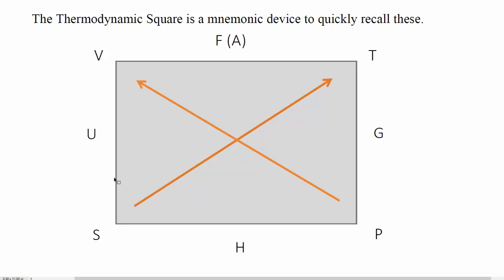It's a natural function of volume and entropy, but the coefficient of the volume will be minus P because it's down here, the arrow is pointing away from it, and the coefficient of dS will be positive T. So you get dU is equal to minus P dV plus T dS.